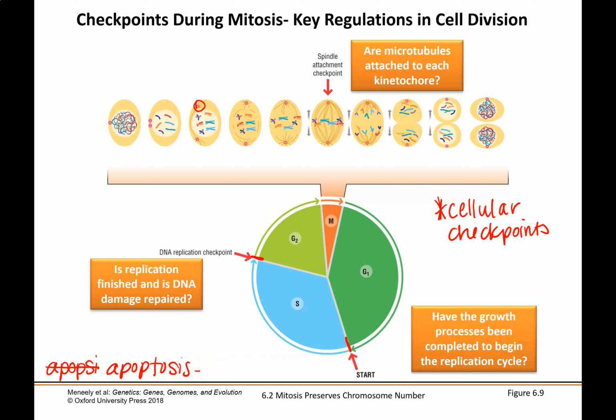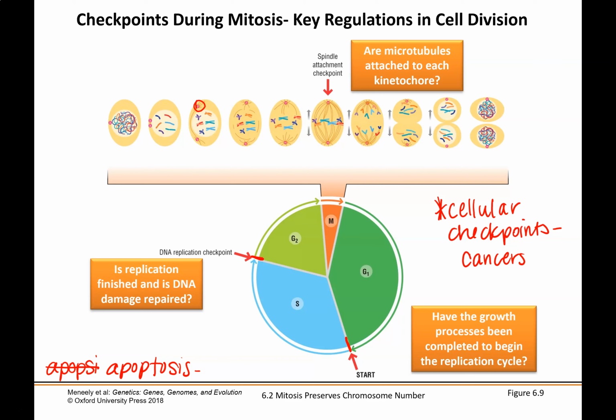Because we're talking about somatic cells, these cellular checkpoints are really important in cancers. Cancers occur due to mutations that cause the cell to basically divide out of control.